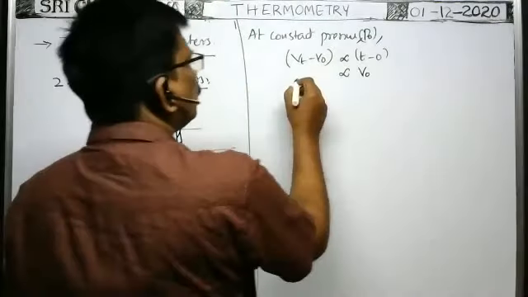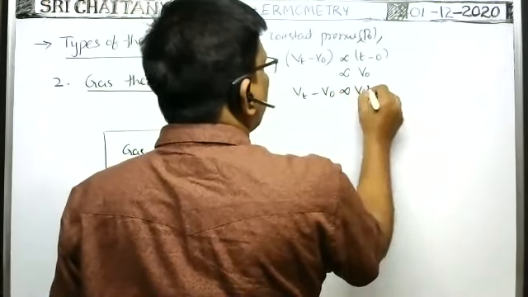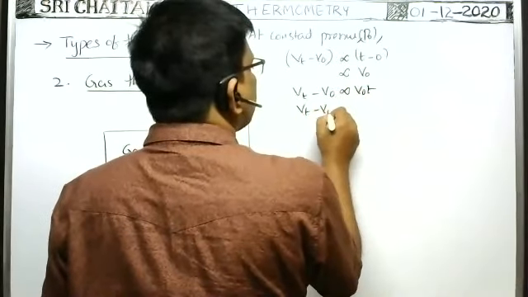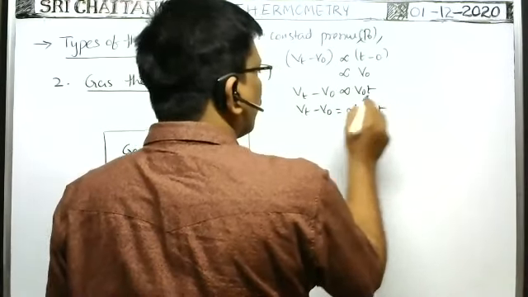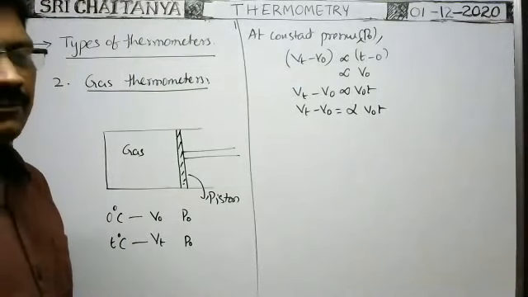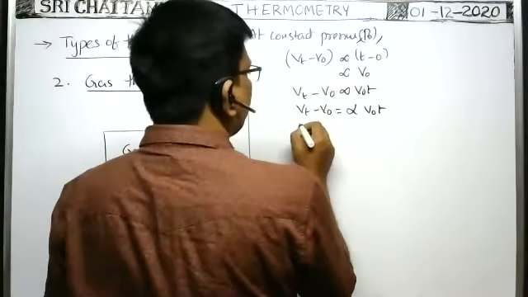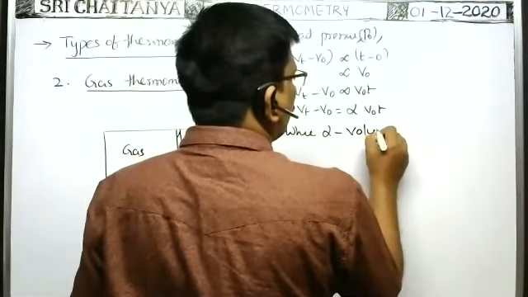So VT minus V0 is proportional to V0 into T, or VT minus V0 equals alpha into V0 into T. The proportionality constant alpha is called the volume coefficient of the gas.